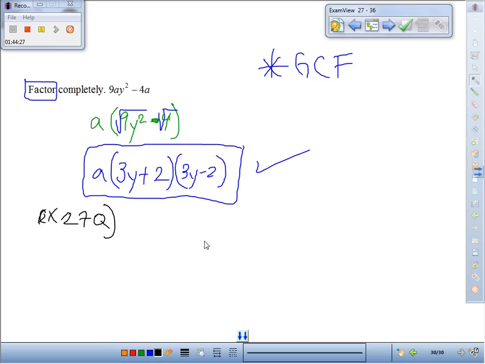Once again, factor completely. 32x cubed minus 2x. Factor completely, please.